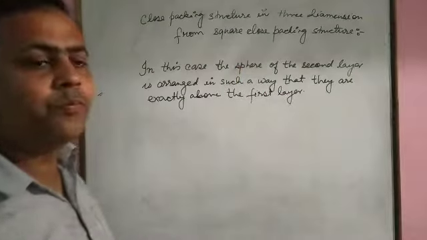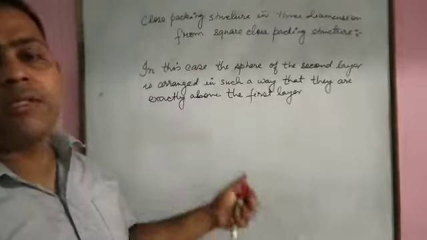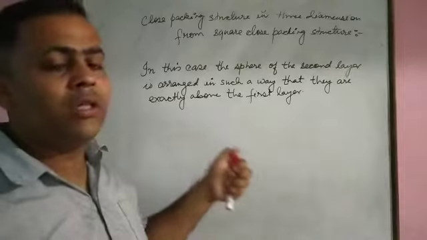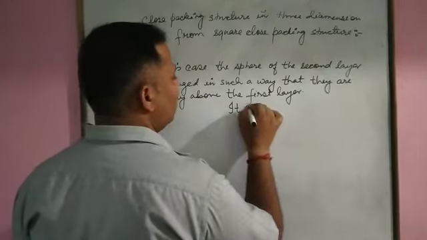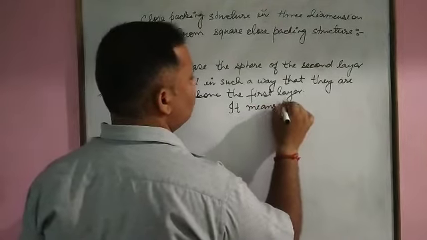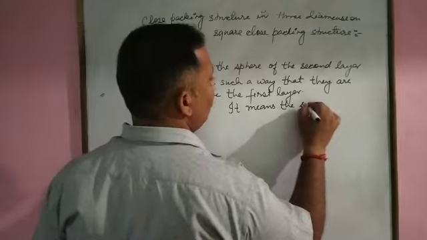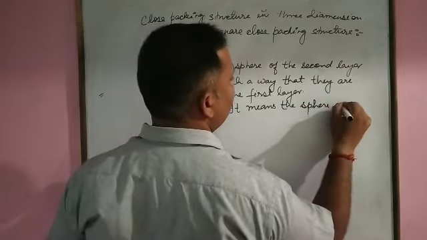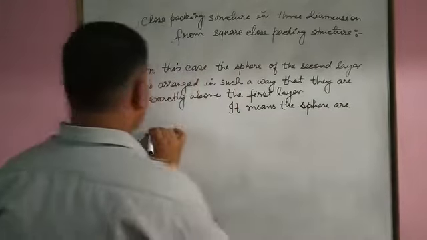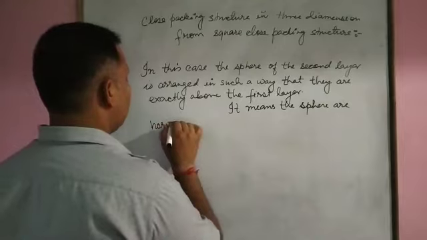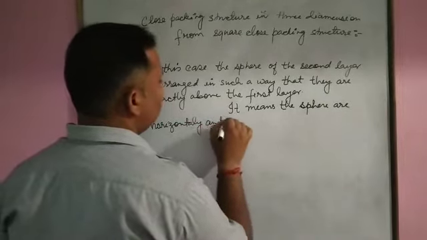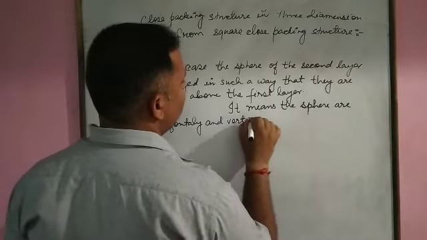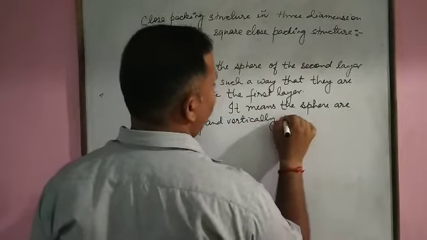It means the spheres are vertically together with horizontally aligned. It means the spheres are horizontally and vertically aligned.